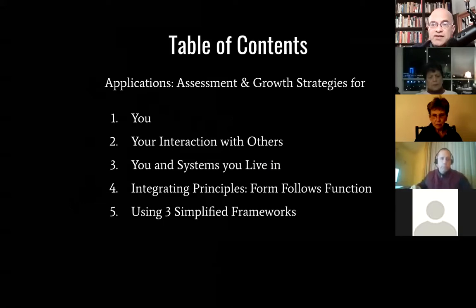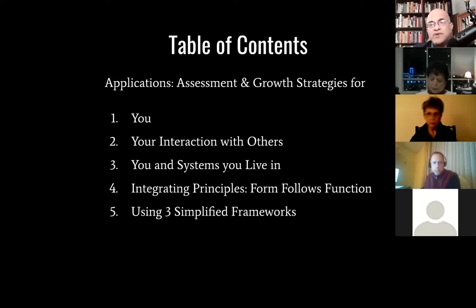And for each of these, I'm going to do it in 2 phases: how you can use it for assessment, where you are, and growth strategies. I strongly recommend using pen and paper to draw and keep track of all the thoughts that you have. I want to make this very interactive. I want to actually listen to all your questions and answer them.